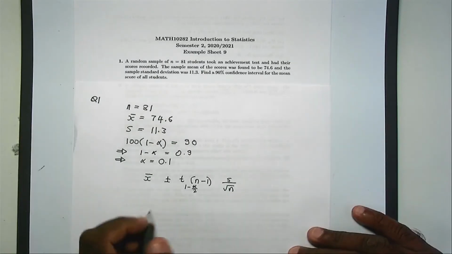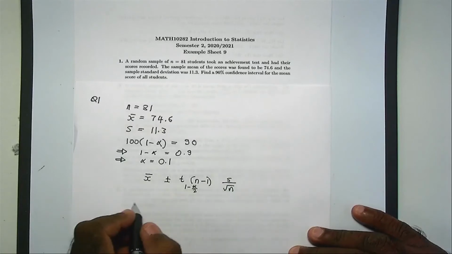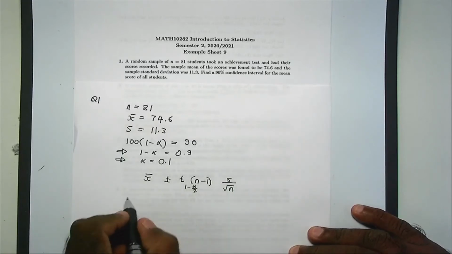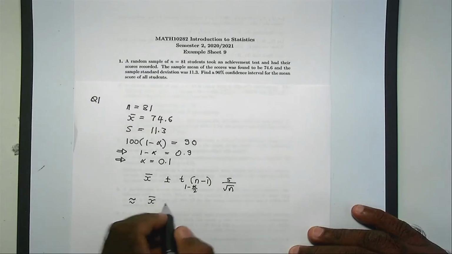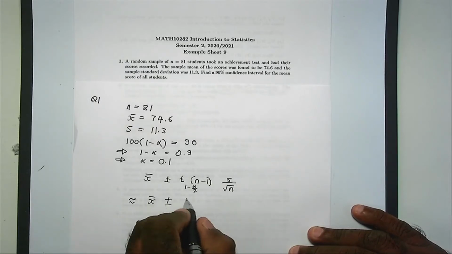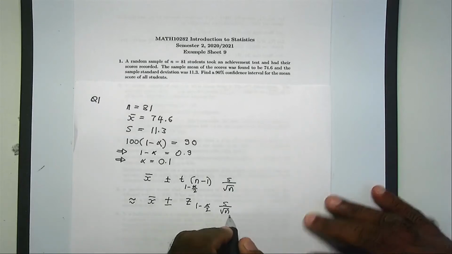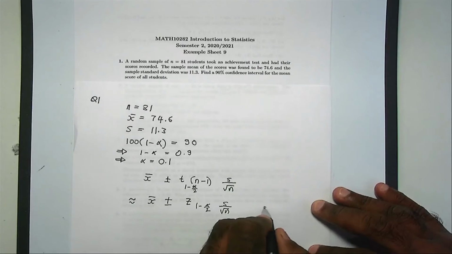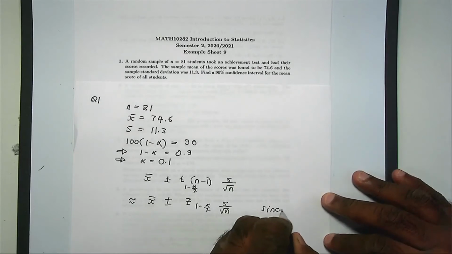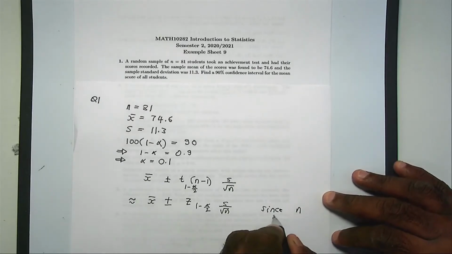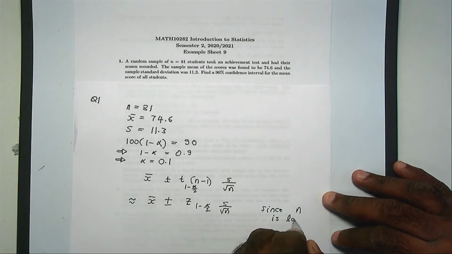So instead of using this formula, you can also use the following approximation, since n is large.